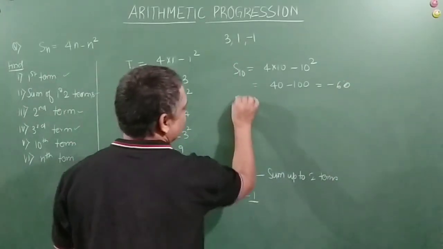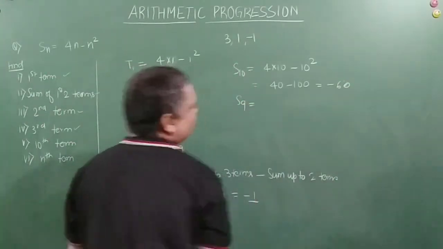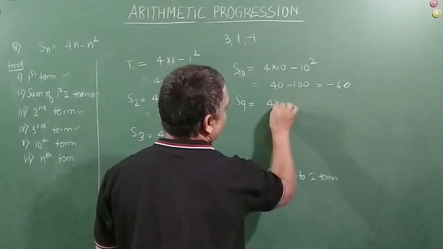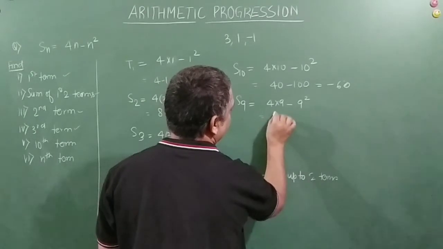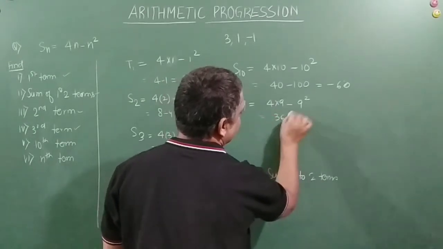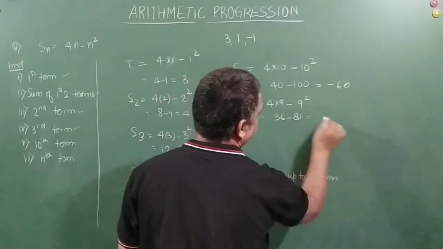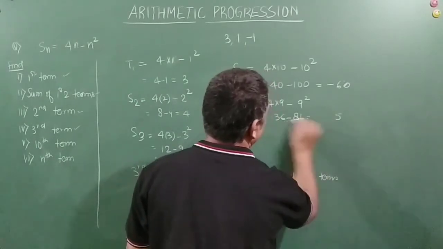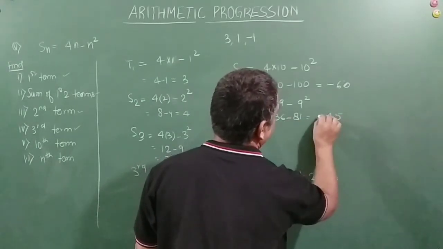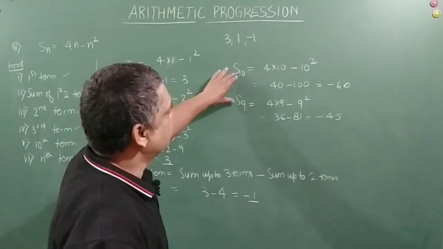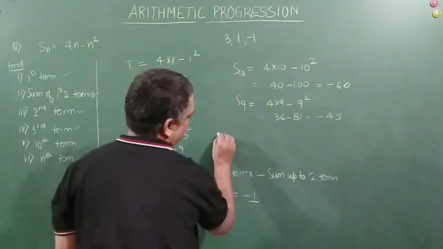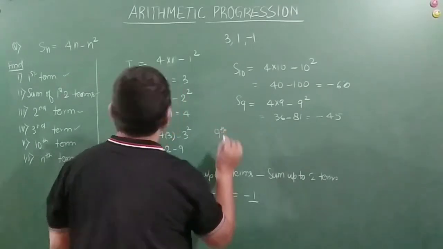Right. Now the sum up to 9 terms will be equal to 4 into 9 minus 9 square, which is equal to 36 minus 81, that is minus 45. Now what will be the 10th term? I'll write it here, the 10th term.